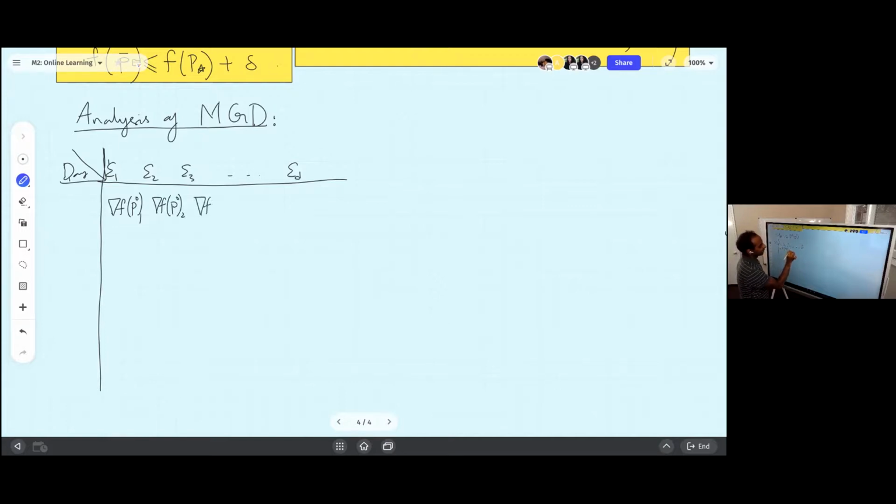The second coordinate of the gradient, that's the loss of the second expert, and so on. So I'm interpreting the coordinates of the gradient as the losses of the experts. The first thing is we are interpreting coordinates of the vector as experts. They're giving us some information for what the losses should be. And now the elements of the gradient are the losses.